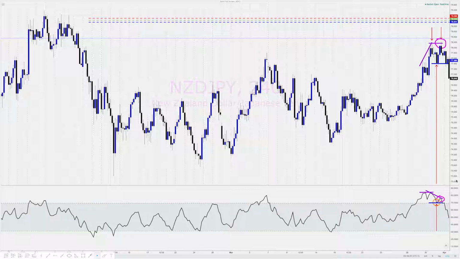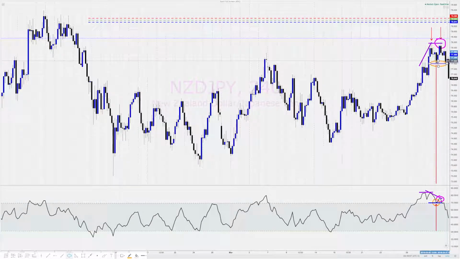Now, to confirm, we want price to retest that level. Basically, we want price to retest 77,399, 77,400 around. And that would be a break and retest after the bearish divergence, after the bearish momentum, after the bearish move.